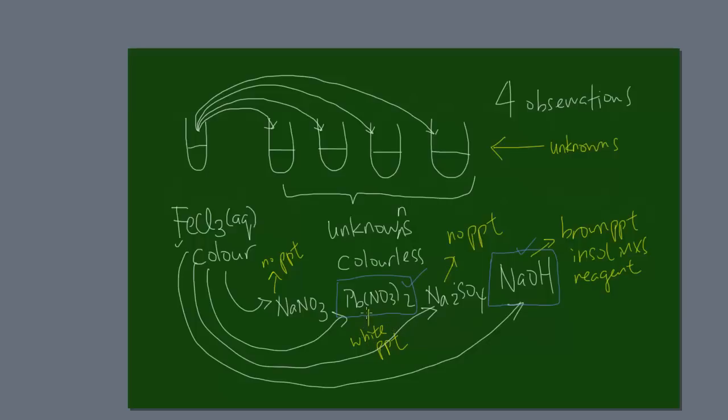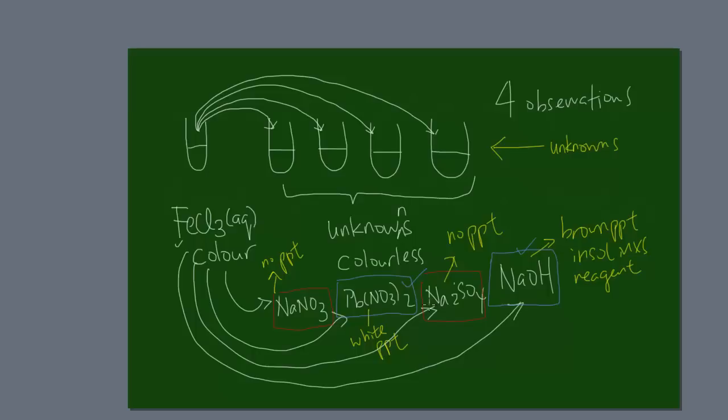Now that leaves us with 2 solutions which are a bit trickier to handle, which is the NaNO3 over here and Na2SO4, because after mixing with FeCl3, these 2 solutions both give us the same observation.